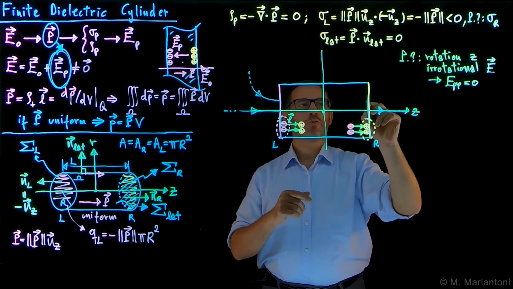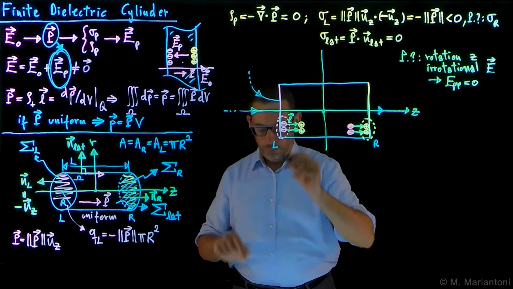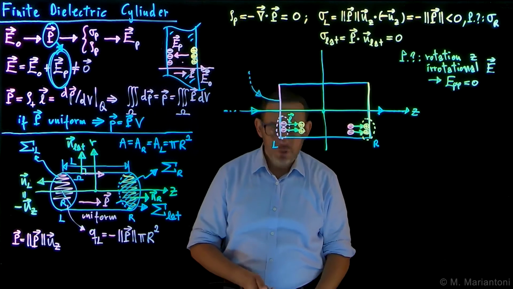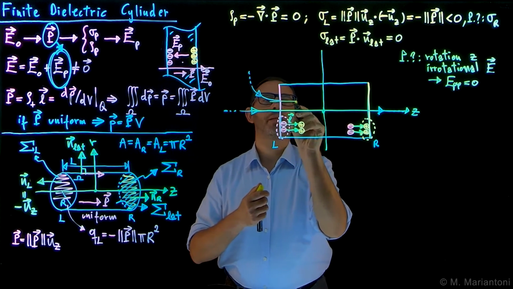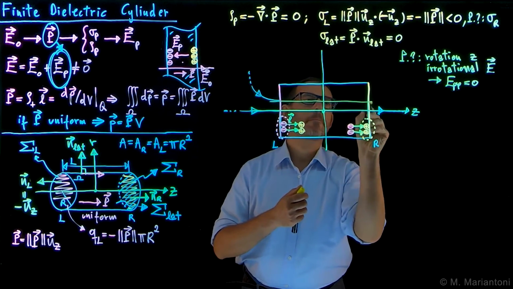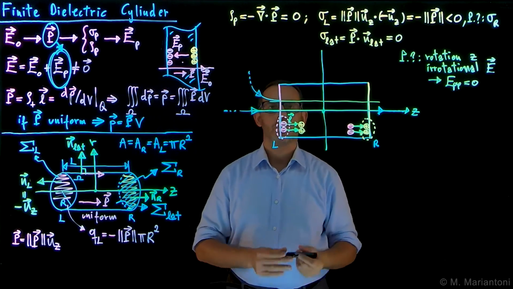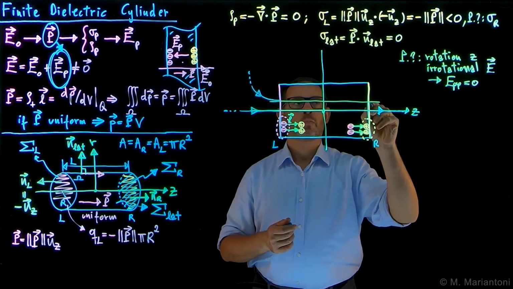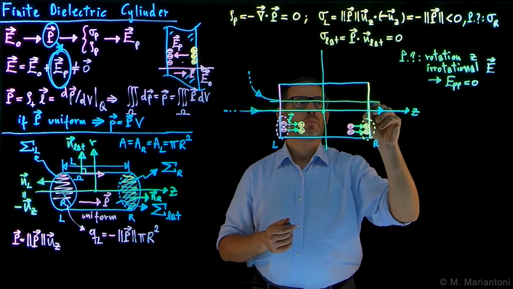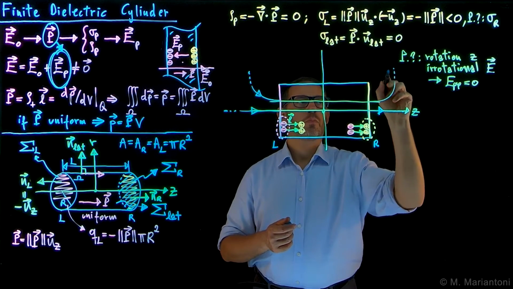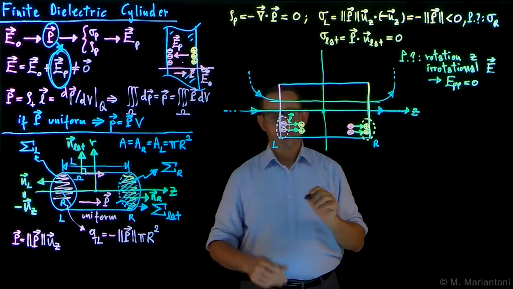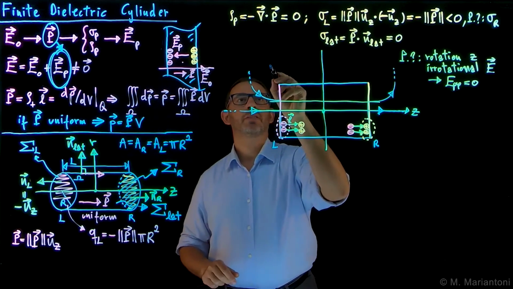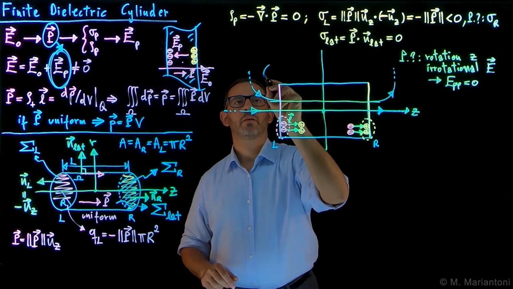Outside is symmetric. So if I look at this point here, let me just make a quick line, which is useful for some reasons which will become apparent in a minute. So this is a field outside. And if I go further, there will be, for example, a field like this.